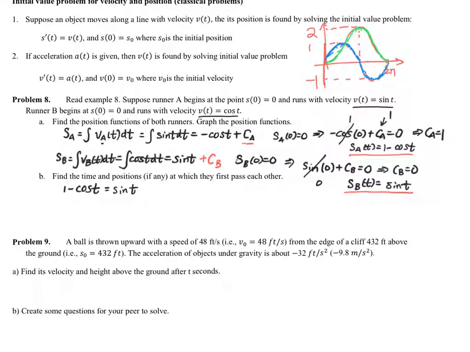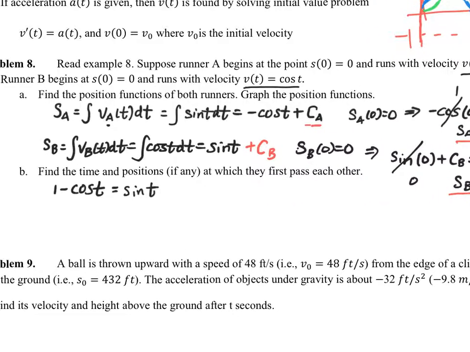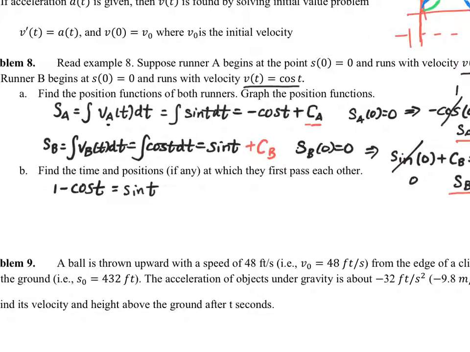One way to solve this equation is, you don't want to see two different functions. You want to convert it into the same, either converting cosine to sine or sine to cosine. So here's the trick that I have. I'm going to square both sides. When I square both sides, the left side is (1 minus cosine t) squared.